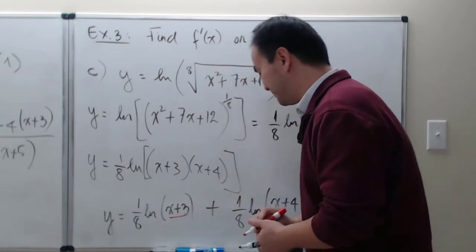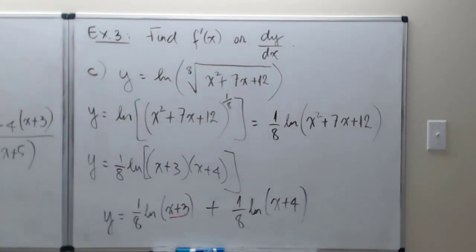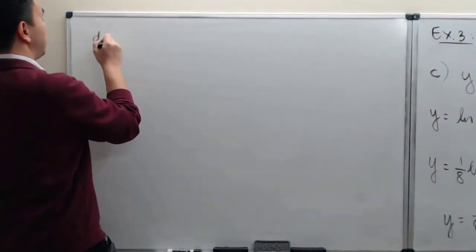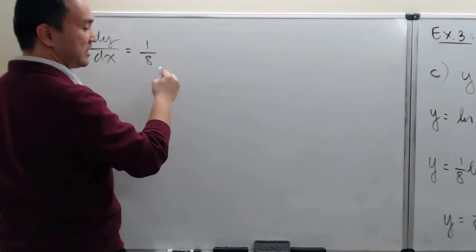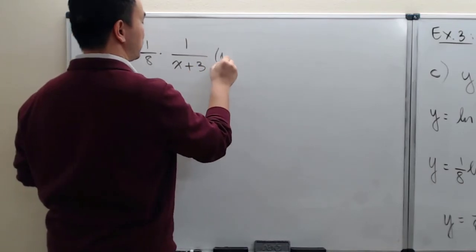Now in my next board, the derivative of that first term becomes dy/dx equals the 1/8 there, 1 over x plus 3 times 1.